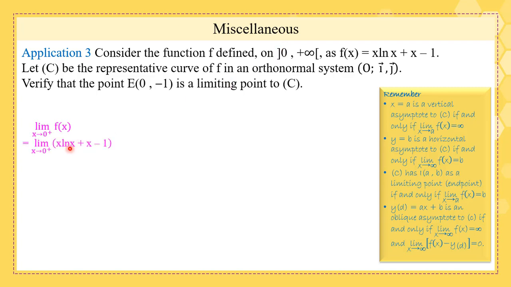This is the limit of x ln x plus x minus 1 as x tends to 0 plus, which is nothing but negative 1, because the limit of x ln x as x tends to 0 plus is 0. This was memorized by heart. And the limit of x is also 0 by substitution. And what remains is negative 1. Thus, (0, negative 1) is a limiting point to C.